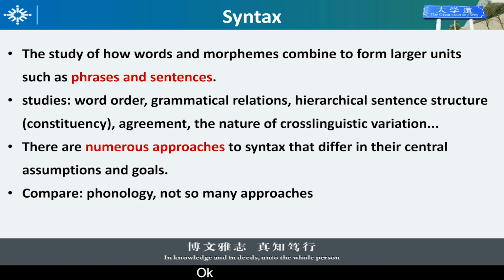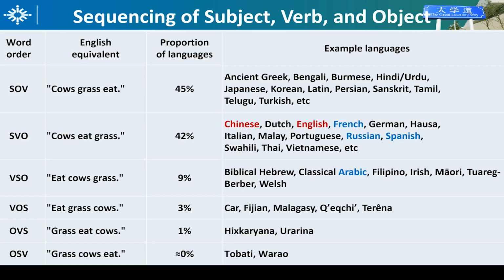Okay, here's a very important question. What is the sequence of Chinese language elements? For example, if you divide elements into subject, verb, and object, which are the very basic elements of grammatical units in any human language, what about the sequence? In Chinese, the typical sequence is subject, verb, and object.